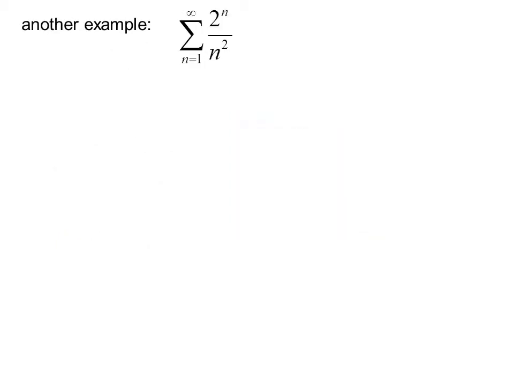Another example, the summation as n goes from 1 to infinity of 2 to the n over n squared. If we use the nth root test, we have the nth root of 2 to the n over n squared, which is 2 over the nth root of n squared.